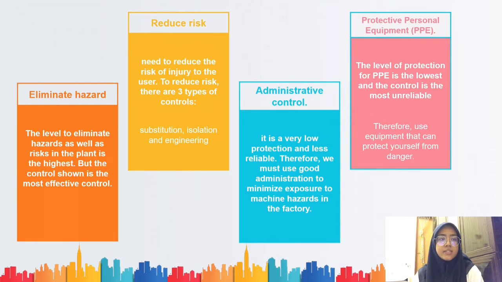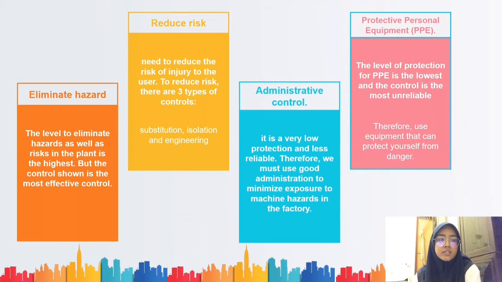Next, eliminate hazard and risk. The level to eliminate hazard as well as risk is the highest, and it is shown as the most effective control. Second, reduce risk. When we use large machines that are available in the factory, we need to reduce the risk of injury to the user. To reduce risk, there are 3 types of control that need to be done.